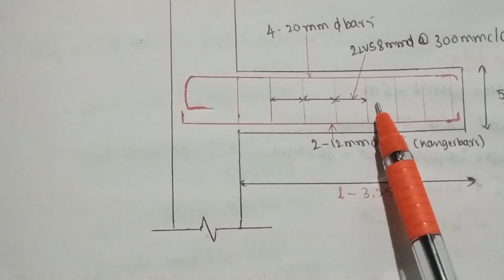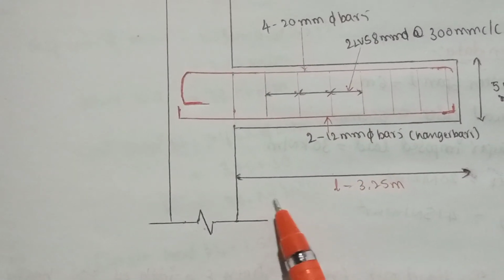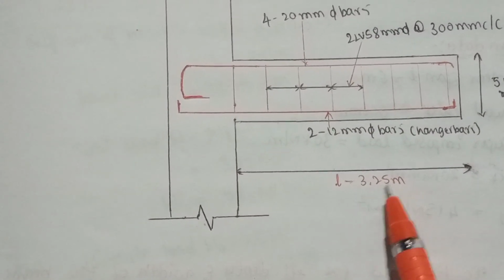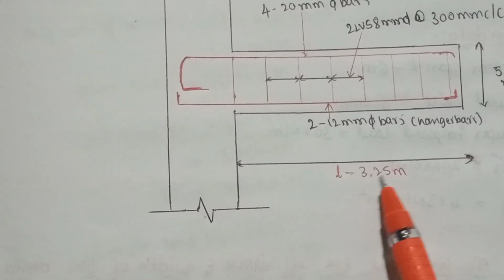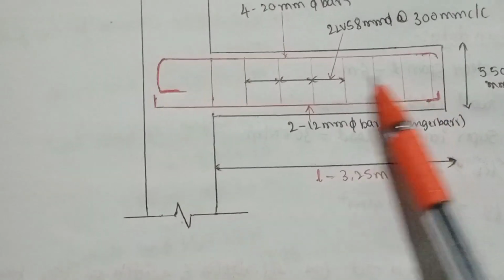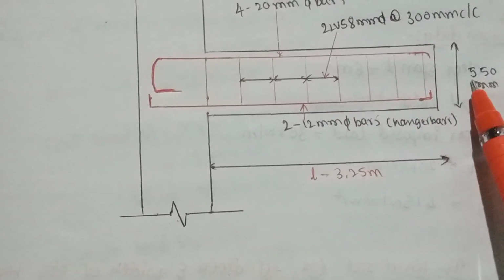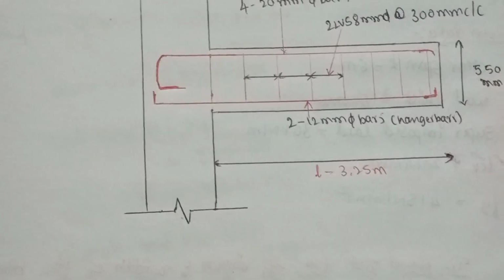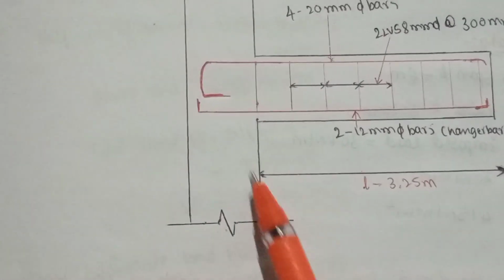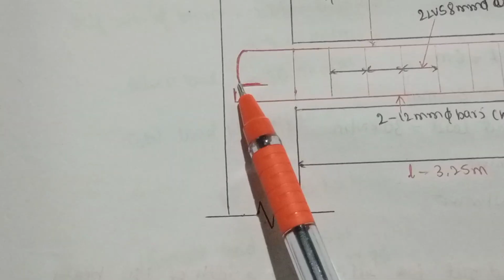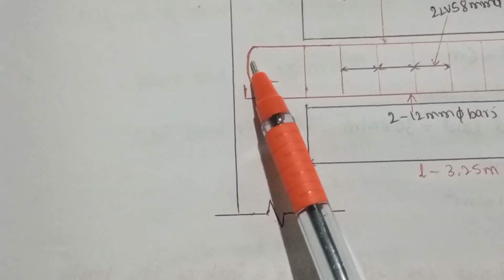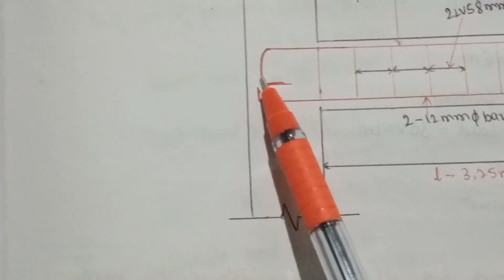I have provided here. So our clear span value of the beam is 3.25 meter, and overall depth of the beam is 550. So this is the development length which we have calculated, that is 950 mm.